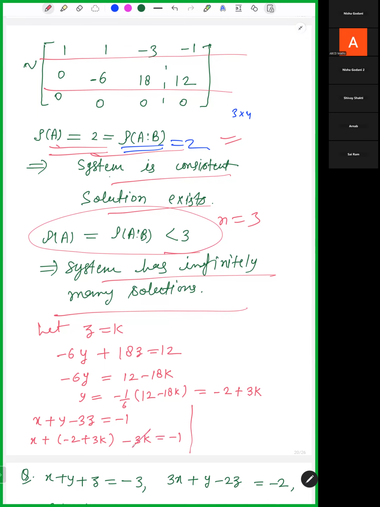So minus 3k and plus 3k cancel out. You have x equal to 1. So in this way, you have x equal to 1, y equal to 3k minus 2, z equal to k. So you have solution in terms of k.